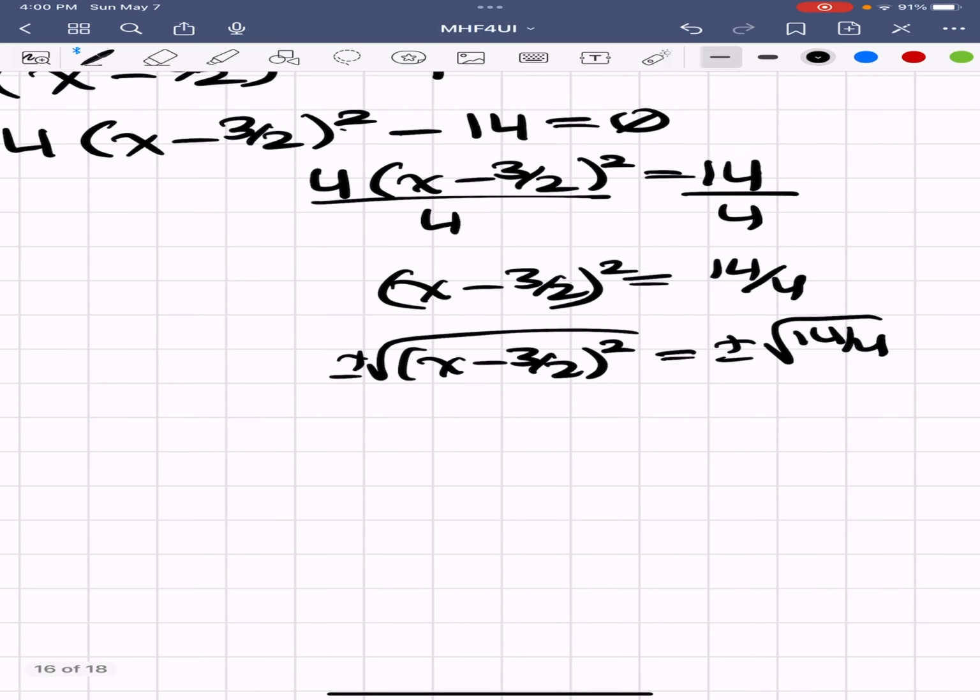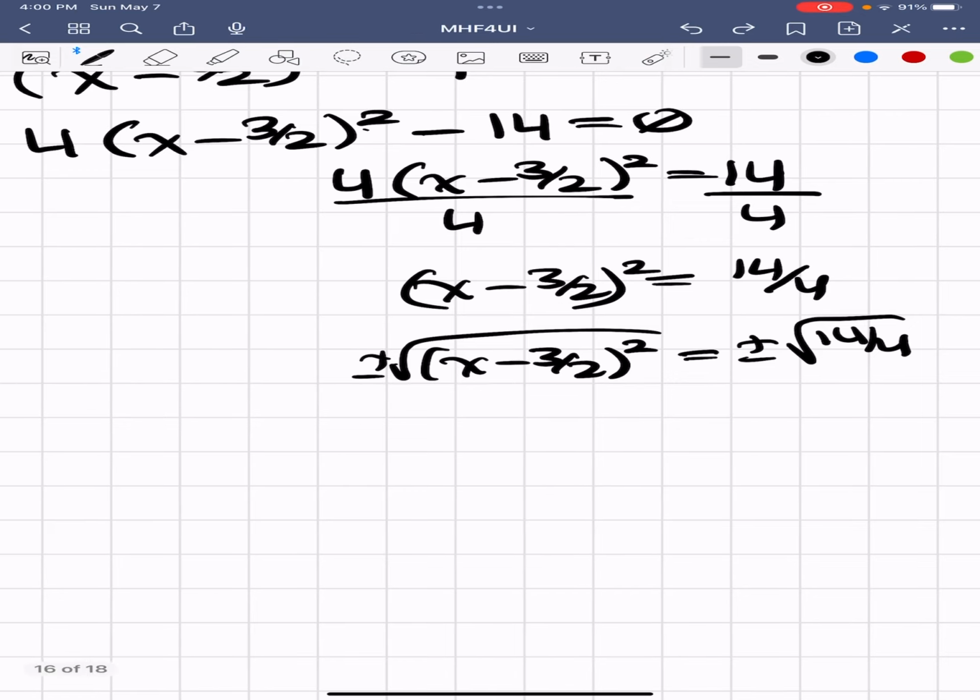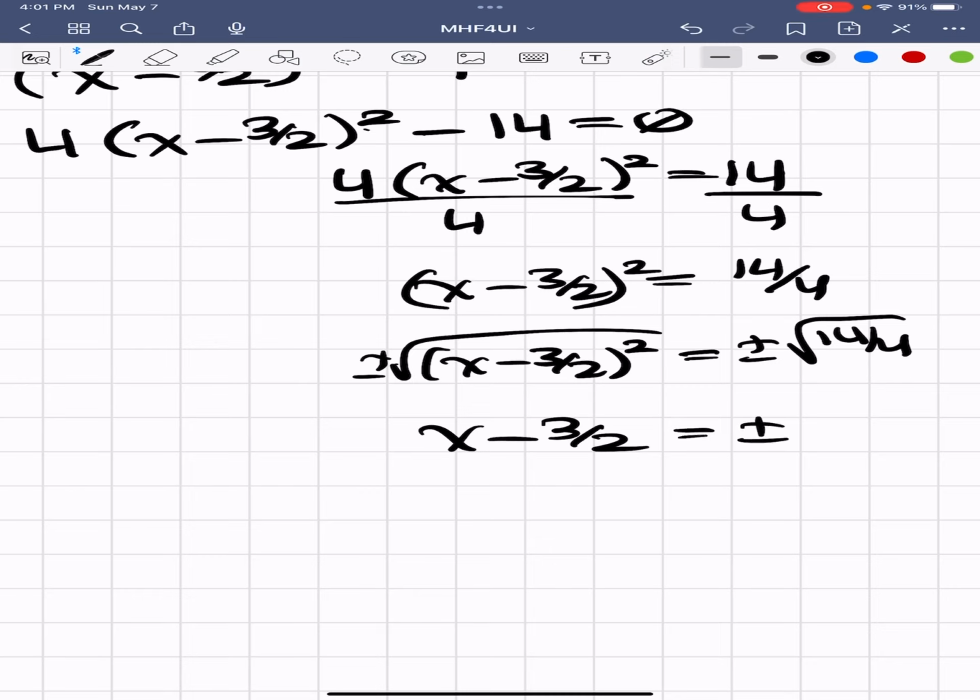So what I've done here is I've gotten rid of the squared symbol by square rooting both sides. And now we're left with x minus 3 over 2 equals plus or minus the square root of 14 divided by 4.